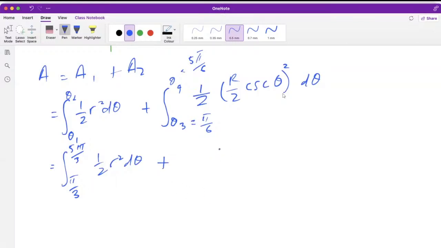All right, so if you do this, I'm just going to give the answer right away. So for A2, what I get is square root of 3 over 4 r square for this evaluation.